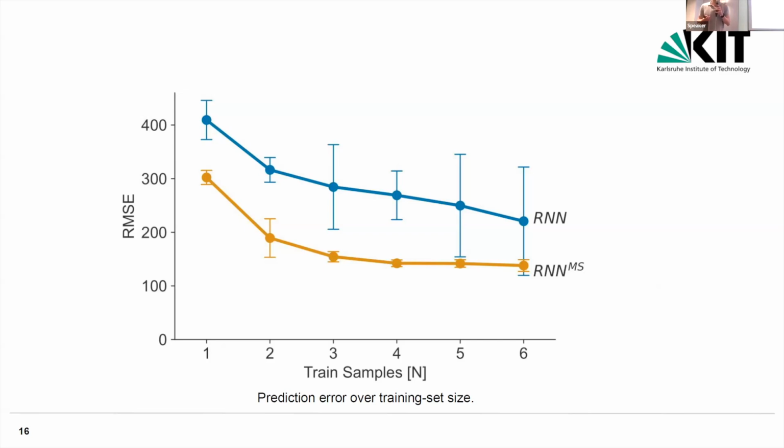What we see here is, first, we are lower in terms of RMSE by up to 40%, which is good. But you also see that with our approach, with just 2 data sets, so the orange curve, to train sample 2, we are still better than the original knowledge-uninformed network with the entire data set.